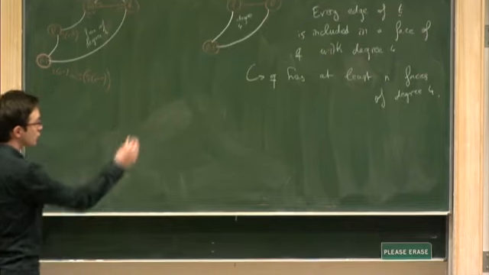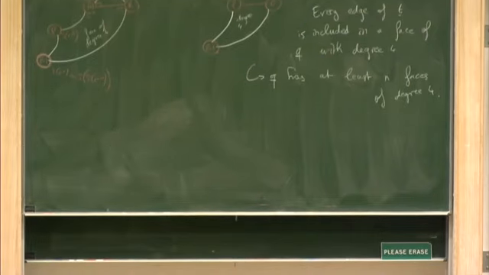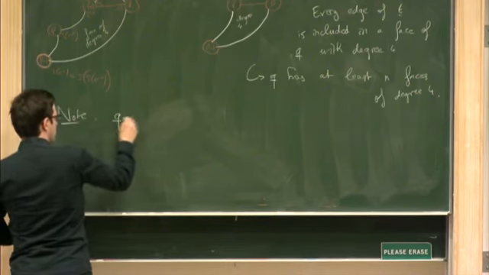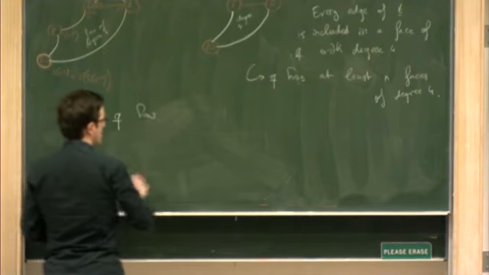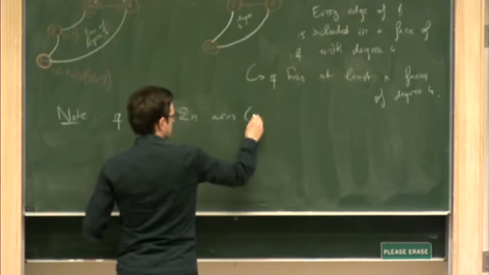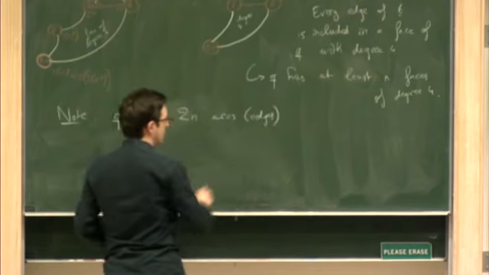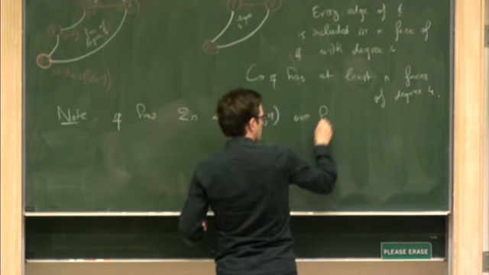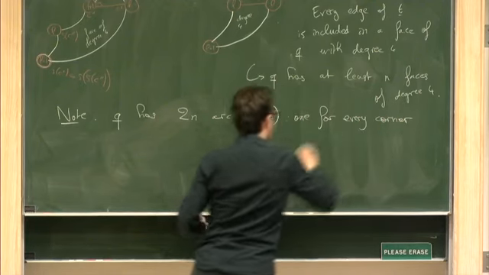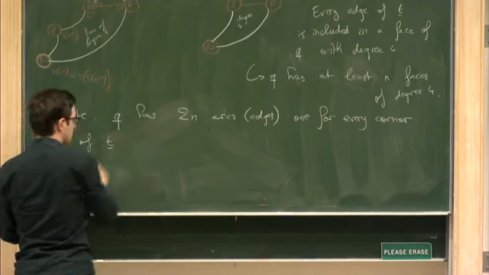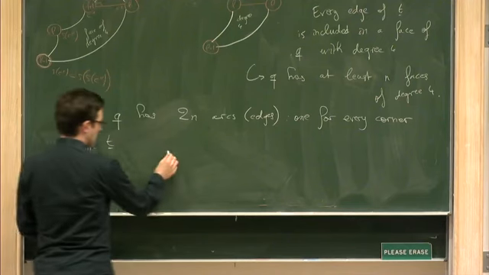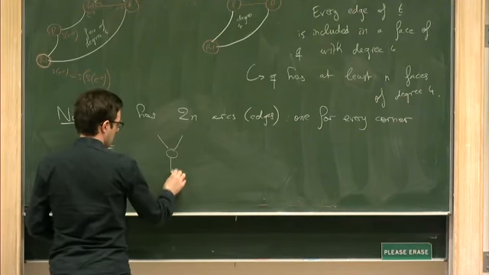And in order to show that, let's use Euler's formula again. So now note that Q has 2n arcs, 2n edges actually. So it's 1 for every corner of T. And what is a corner of T? So let me maybe draw a picture here.